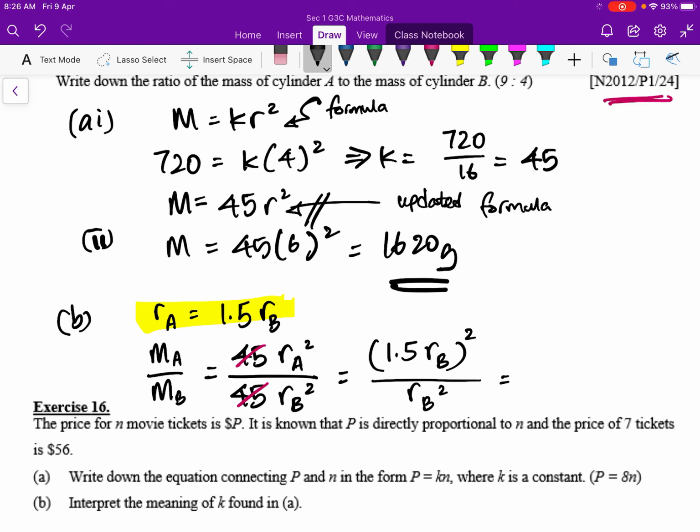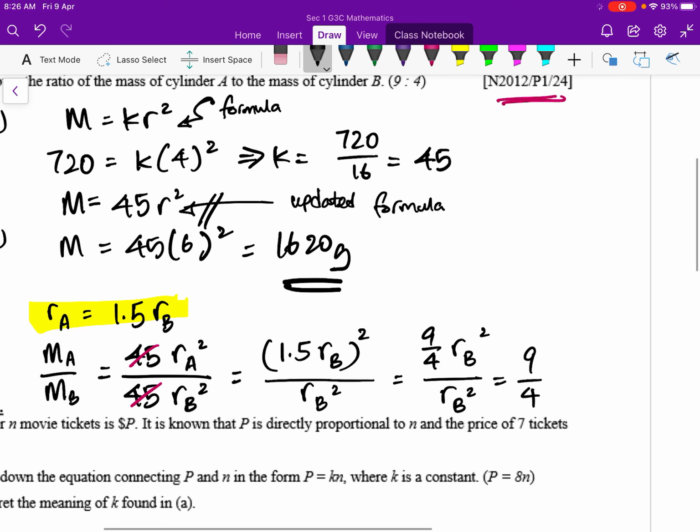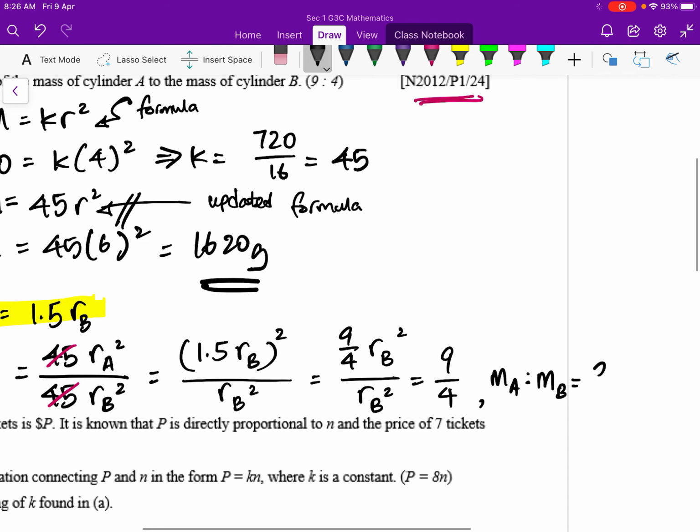Then you end up with 9 over 4 RB squared over RB squared, which is 9 over 4. With this, MA to MB is 9 to 4.